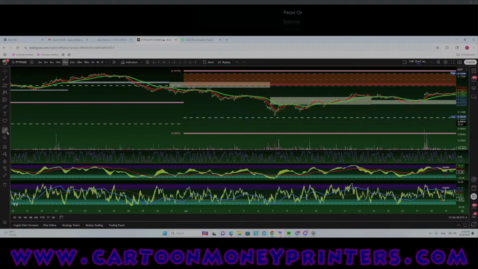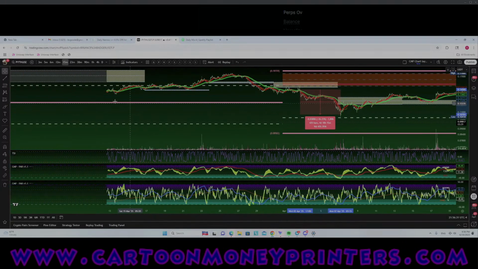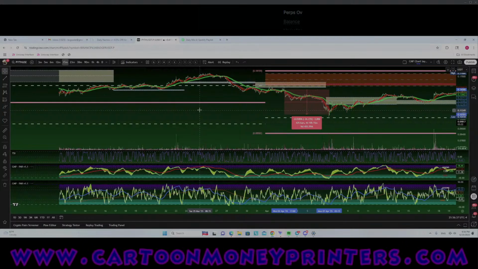All right, so I'm gonna measure from here down to there. So now we're looking at 26% more. So use your momentum indicators, but targets, definitely R1 and S1 are excellent targets to watch for.